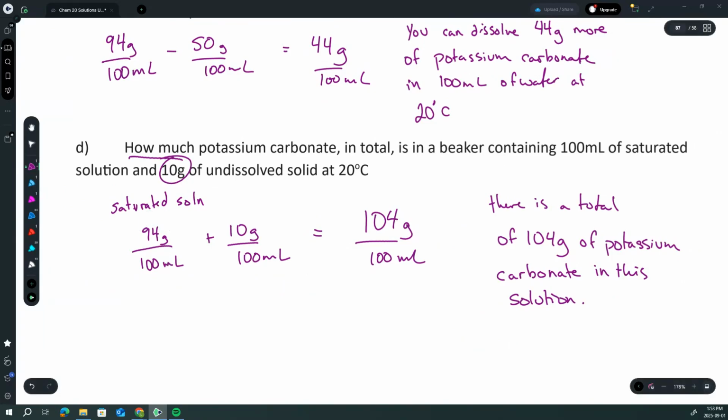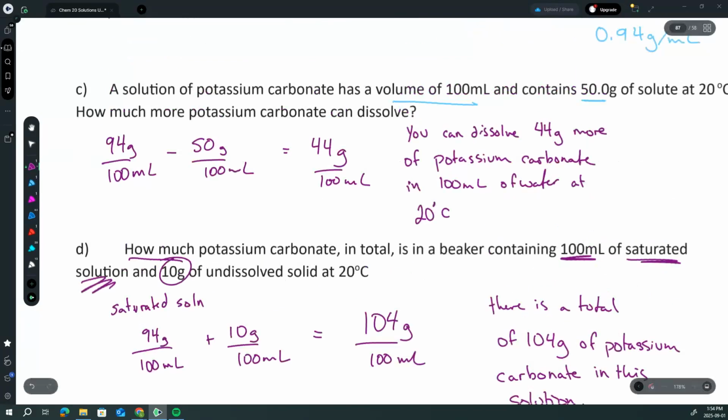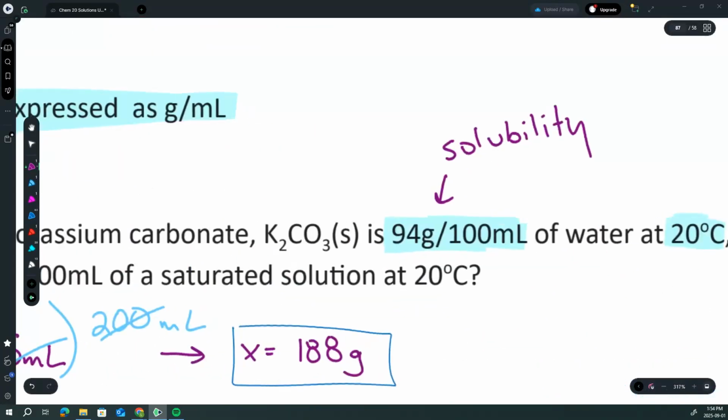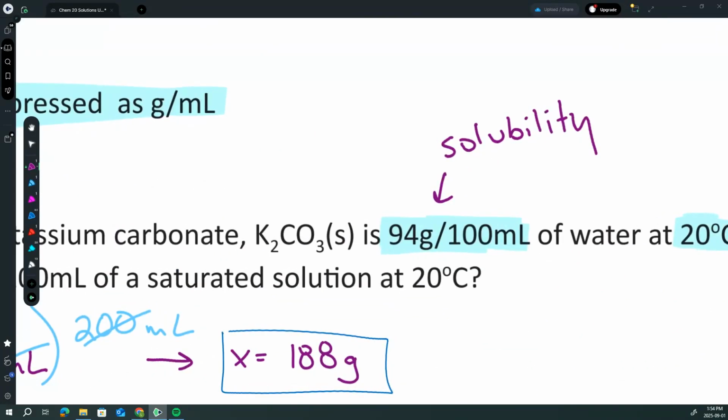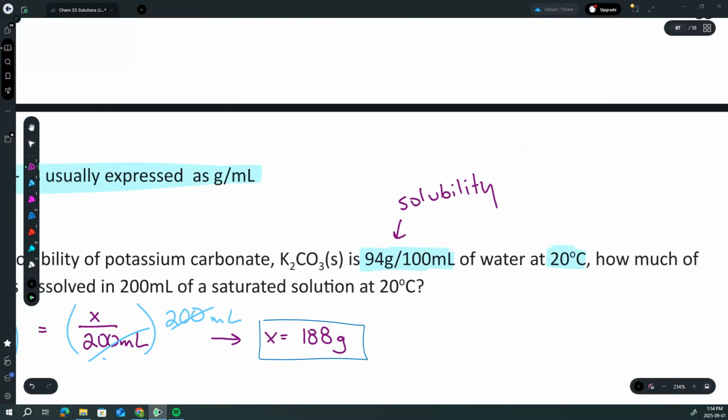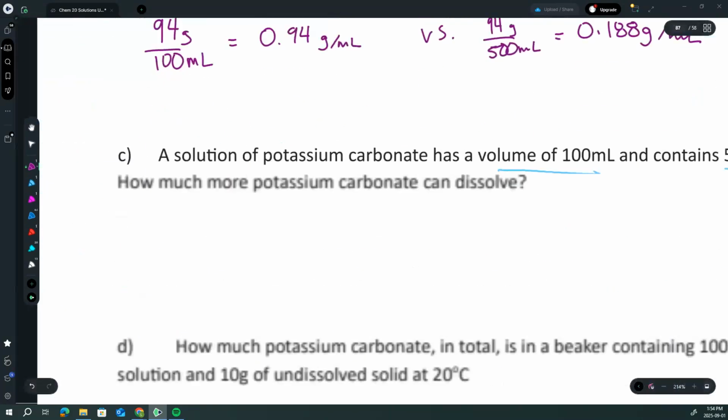Because it told us that we had 100 milliliters of the saturated solution, and like we talked about earlier here, okay, our solubility value for potassium carbonate in water at 20 degrees was 94 grams per 100 milliliters. That's a maximum amount of potassium carbonate you can dissolve in water at 20 degrees.